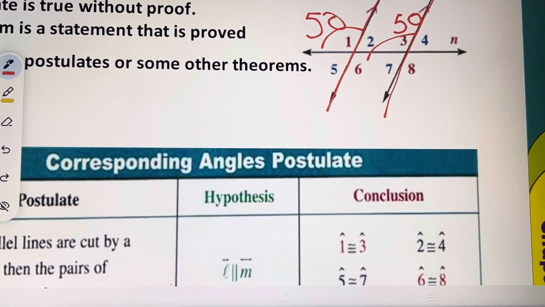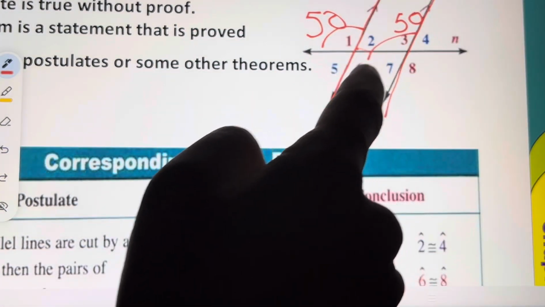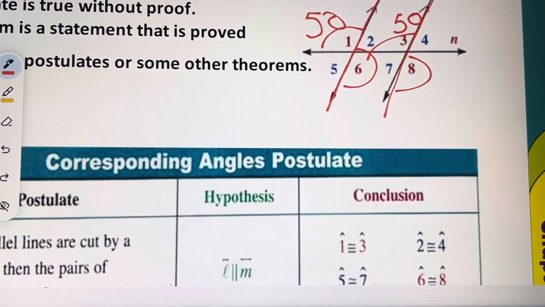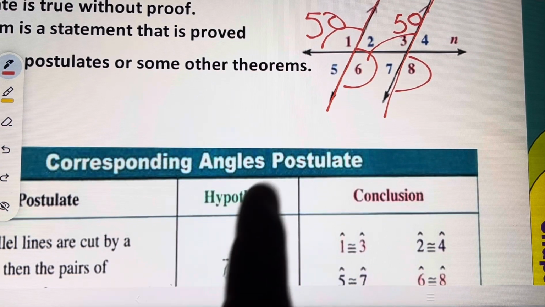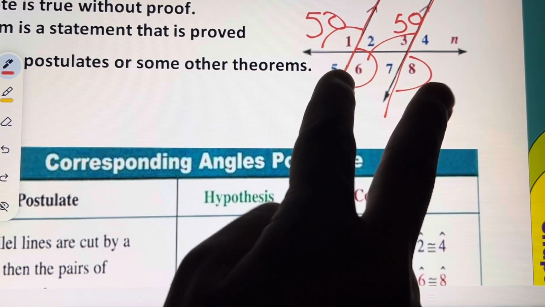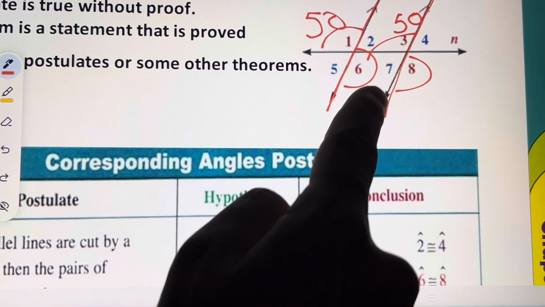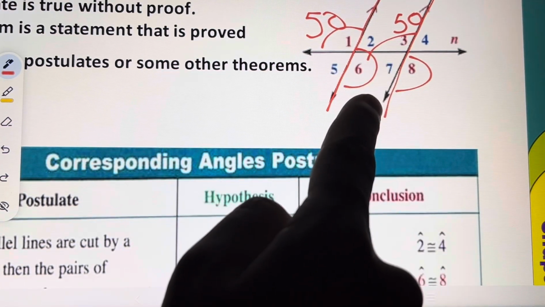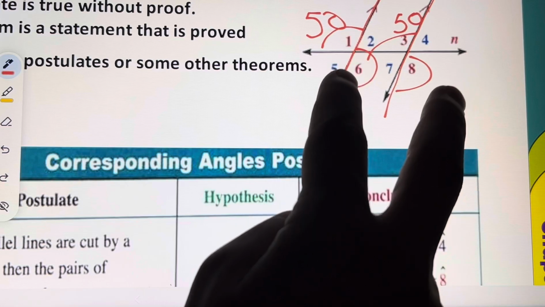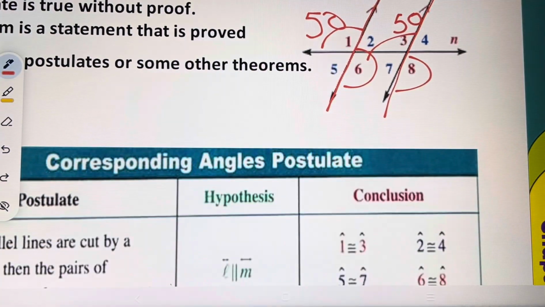All right. Now, angle 6 and angle 8, again the red ones, will be congruent to each other. As you can see, for two angles that have another angle between them, the two other angles will be congruent to each other. By what?